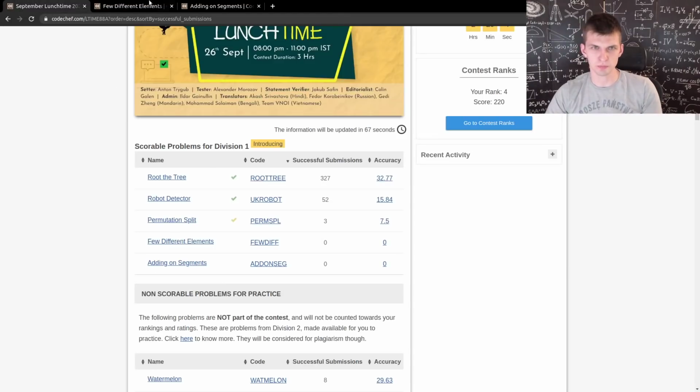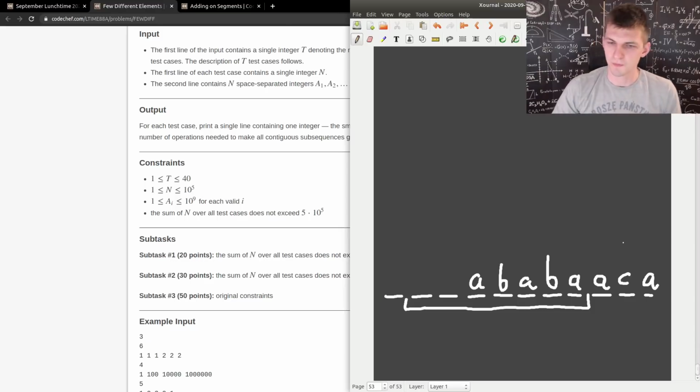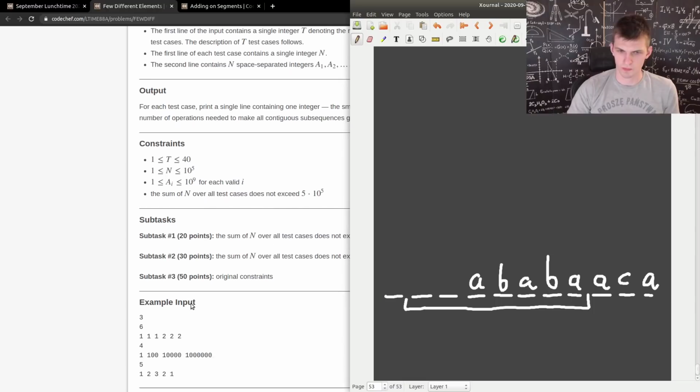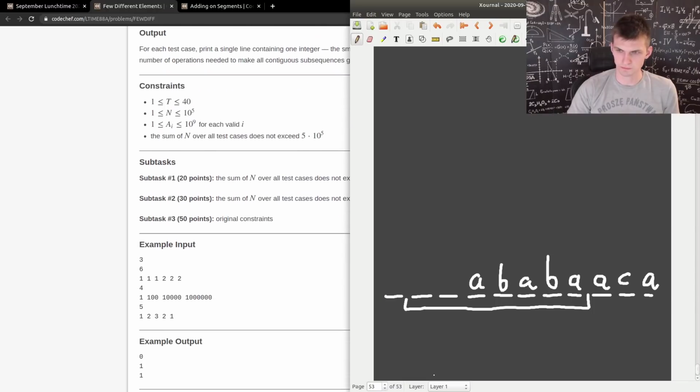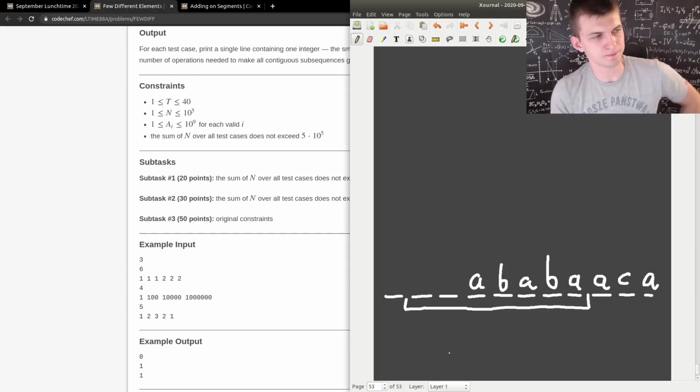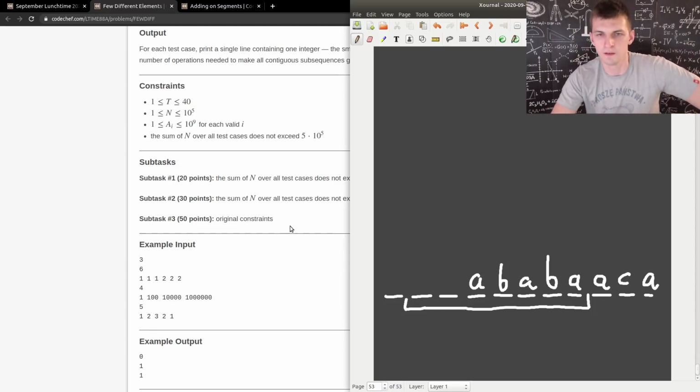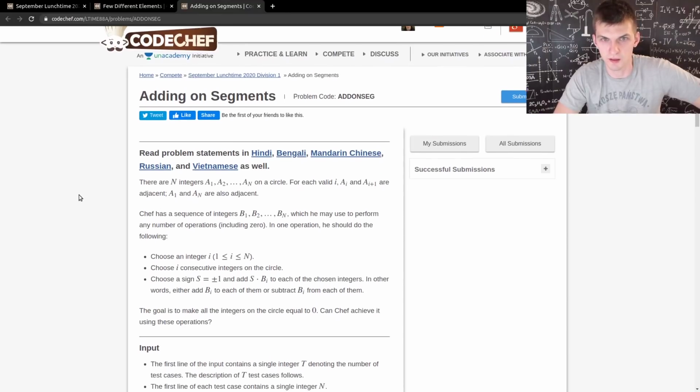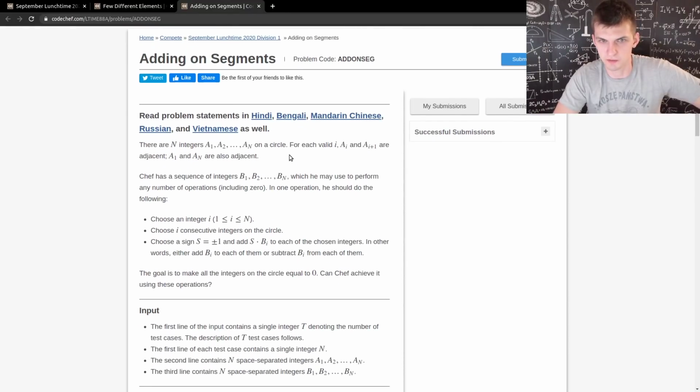Some people solved split. The problems today are quite difficult. And that's good. The last one will be integers in a circle.